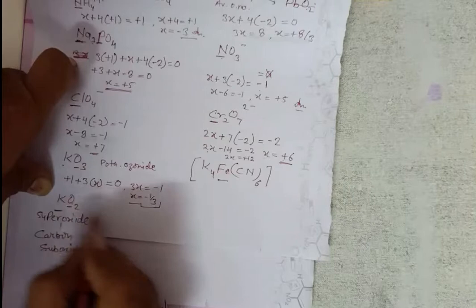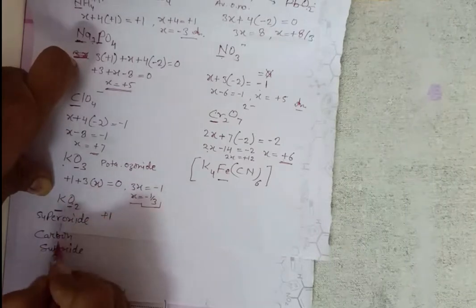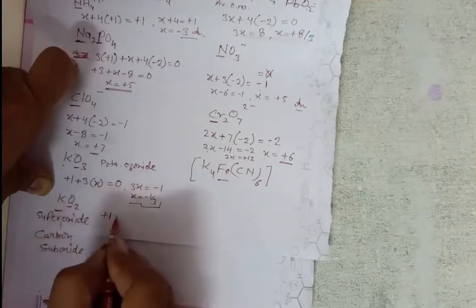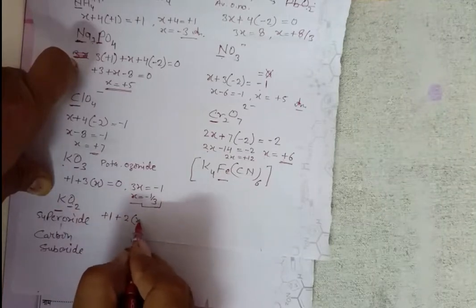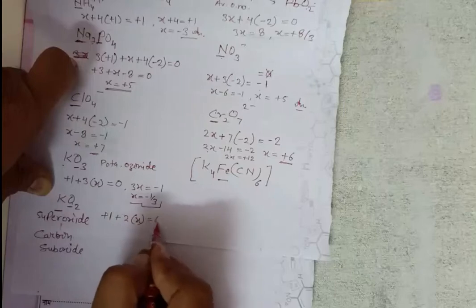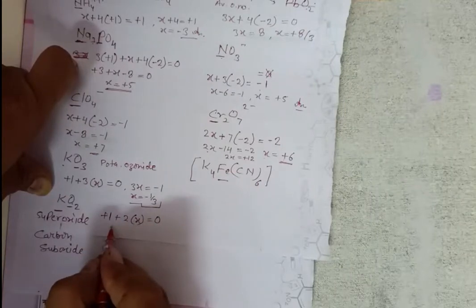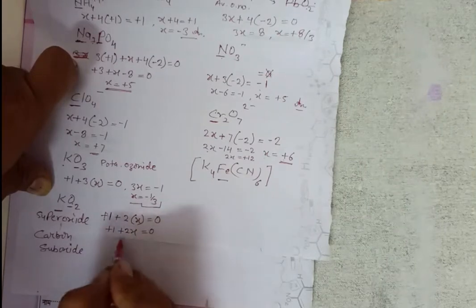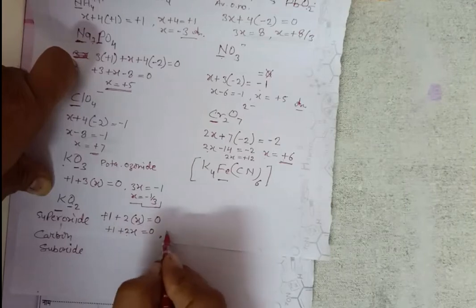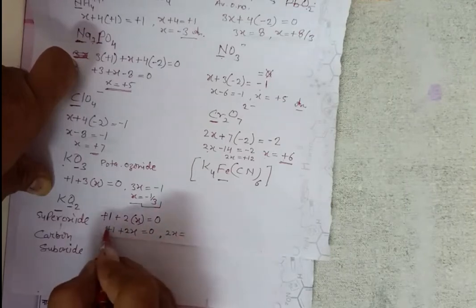Let's find it. For potassium the oxidation number is +1, then again write 2, then we have to write subscript. Oxidation number of oxygen we don't know, that's why we write x. The sum must be equal to 0. So here +1 plus 2 into x will be 2x is equal to 0. Then 2x will be equal to +1.